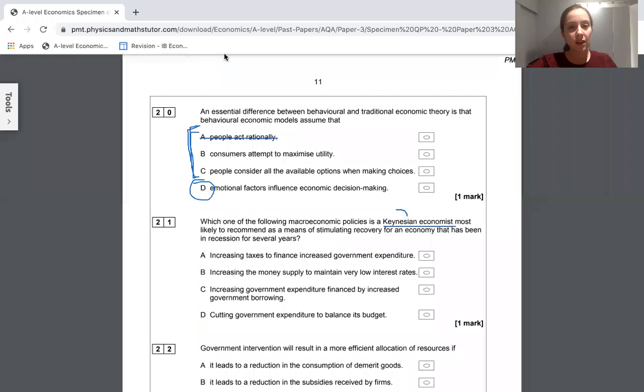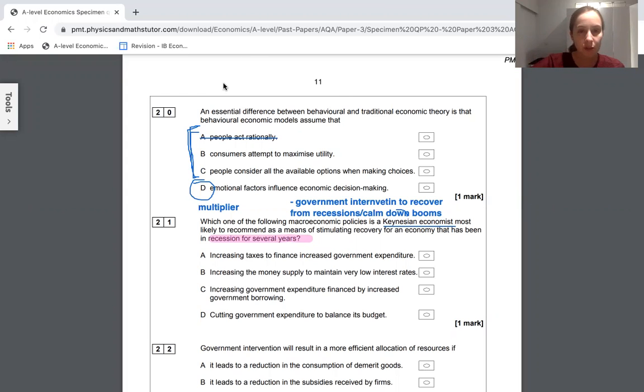Keynesian economics is about government intervention to try and recover from recessions and also calm down booms. It's also about the multiplier. There are lots of Keynesian specific theories here, but in the context of this question, we're stuck in a recession. Keynes would argue that it's better for the government to intervene to try and increase the aggregate demand in the economy. Drawing the Keynesian AS curve, you would try and increase AD to AD2.